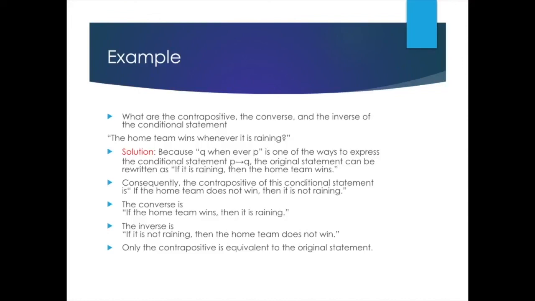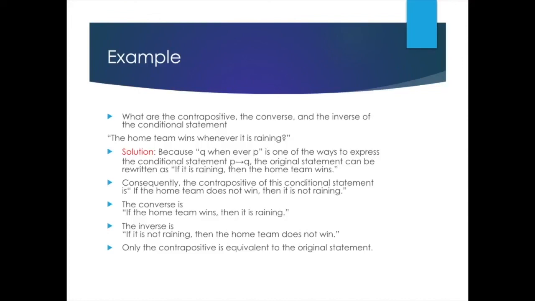So I'm giving the hypothesis to be the raining, and the implication of having rain is that the home team will win. The converse of that is, if the home team wins, then it is raining. And the inverse: if it is not raining, then the home team does not win. It seems really stupid, just saying those guys will never win any game if it's not raining.